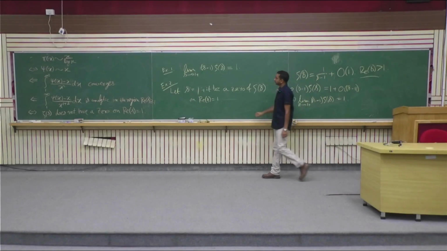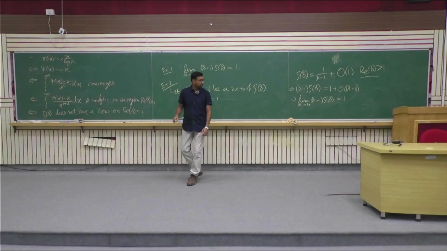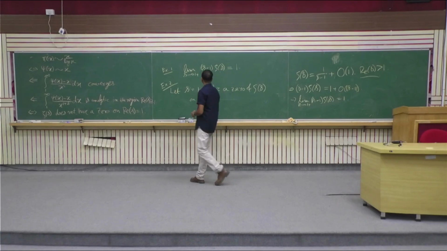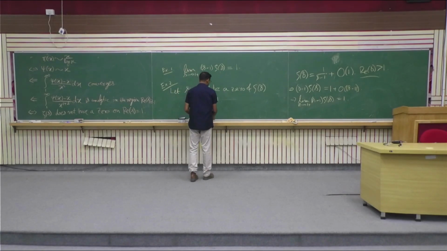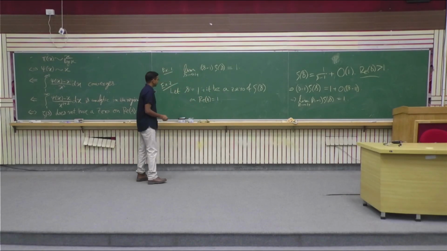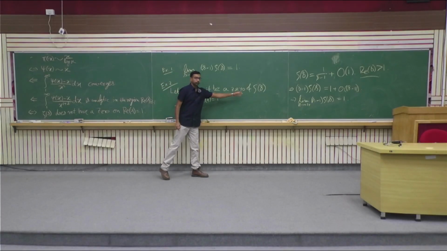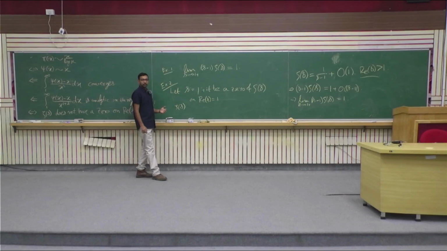Now here we are also going to take a limit, but this time we will not multiply by s minus 1; we will do something else. Consider this limit of zeta(s). Suppose this is a zero of zeta(s) on this line, and let the order of vanishing of zeta(s) at this point be m.